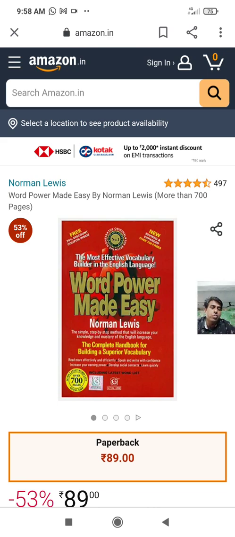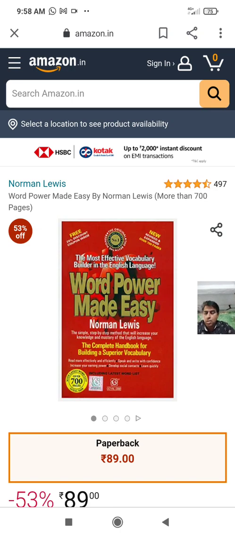Errabelli Dayakar Rao sir is very sound, that means he has a lot of money. Or Shekhar sir is very sound, that means he has a lot of money. So what I mean to say is the weighing of the defects as 1, 2, 3 and 4 point defects is sound. That means it is perfect.